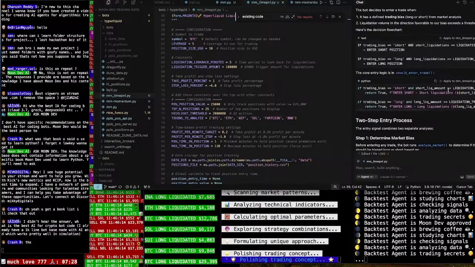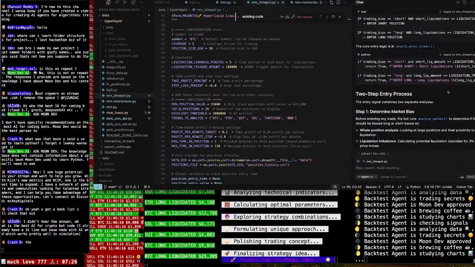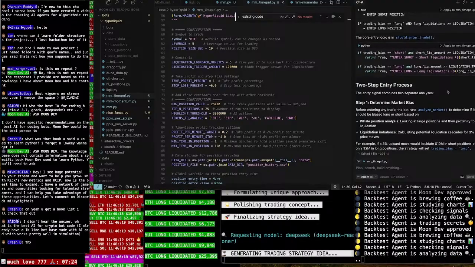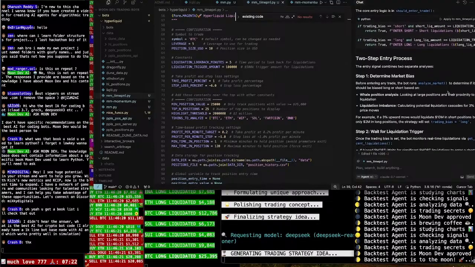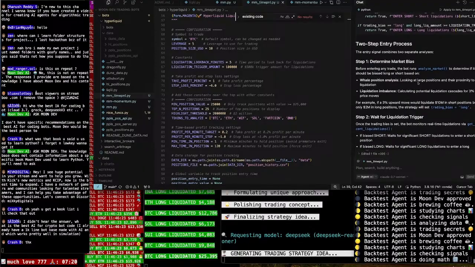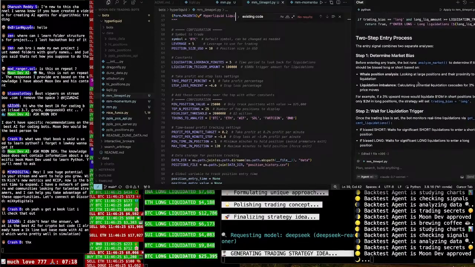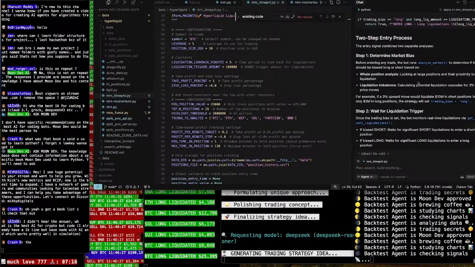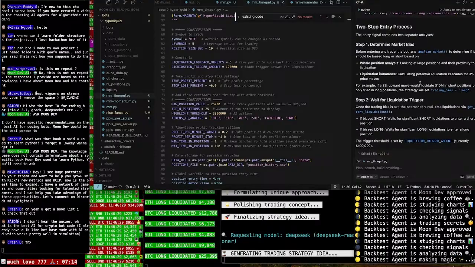Here's the decision flowchart. The core logic is in the should enter trade function. Two-step entry process. The entry signal combines two separate analyses. Step 1, determine market bias.